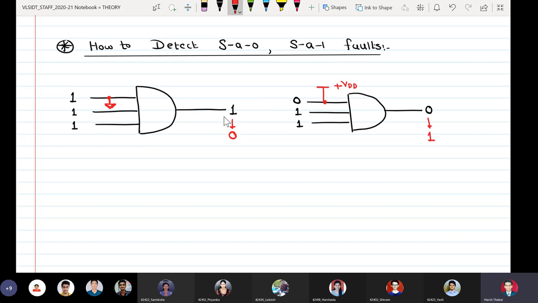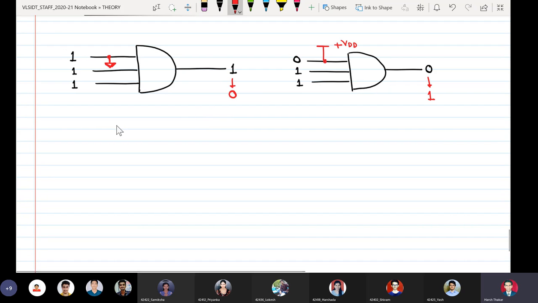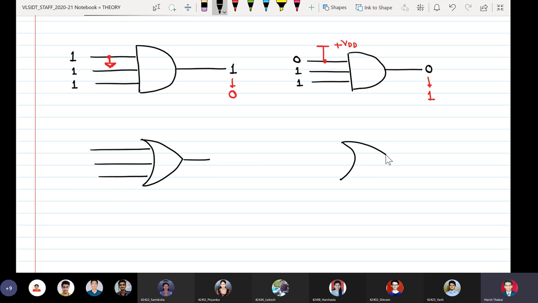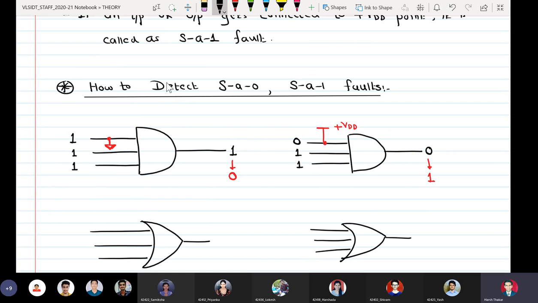Similarly, if I want to detect stuck at 0 and stuck at 1 faults for an OR gate, I take a similar example. I have a 3 input OR gate, 3 inputs 1, 2 and 3 and the output. Here I can write SA0 detection, SA1 detection.